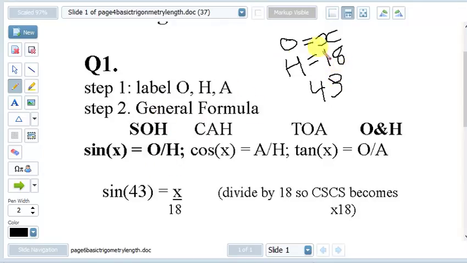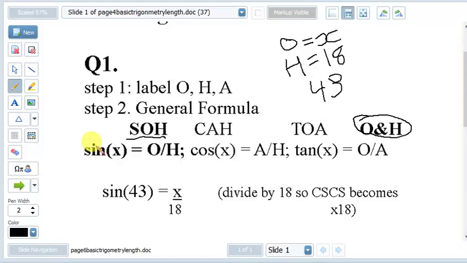Okay, so first of all, we're after O and we know H, so therefore it's O and H that we are interested in. So which one, SOH, CAH or TOA, has O and H involved? And it is SOH. So we know it's the S, which is sine.